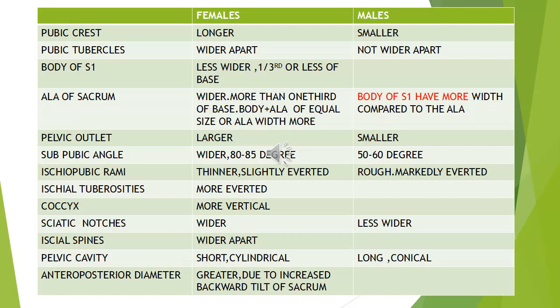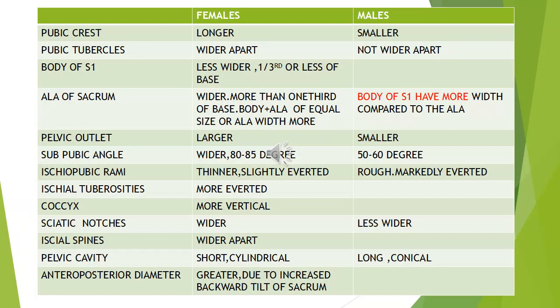But in the male, it is rough and markedly everted for the attachment of the crus penis. Then the ischial tuberosities in the female are more everted and the coccyx is more vertical, and all these are necessary for the passage of the baby or the delivery.